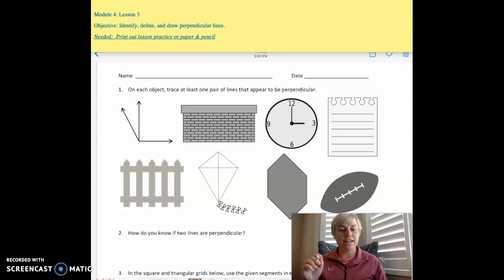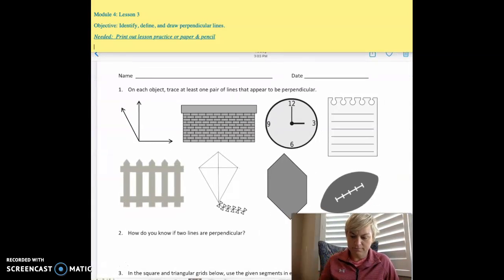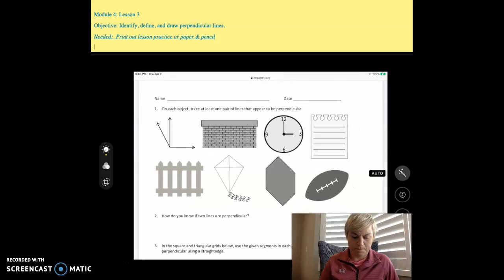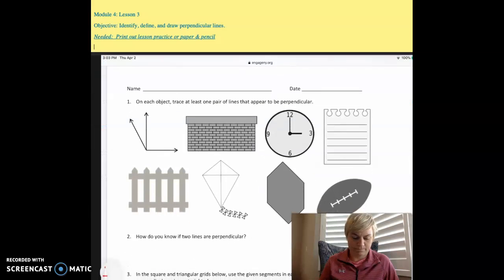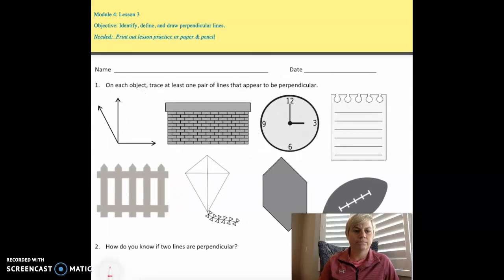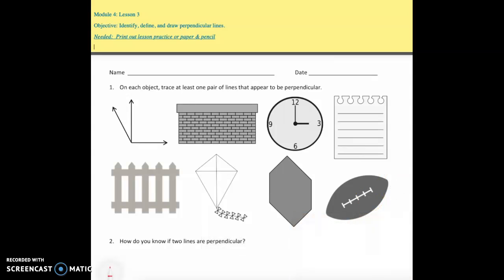All right, so let's look at the first one. Would this be perpendicular to this?